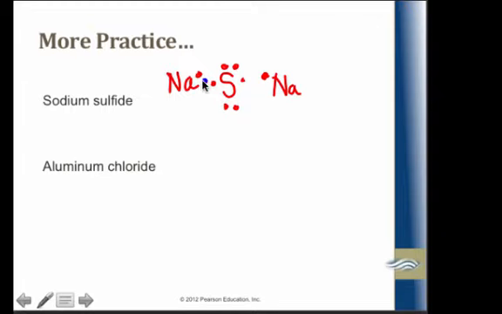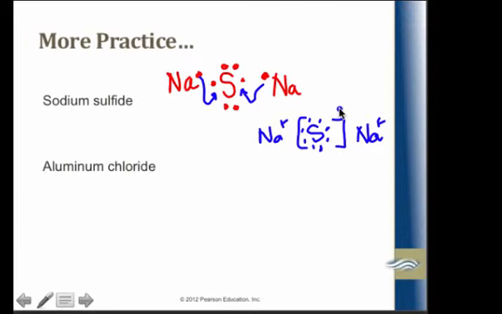And then this electron will get transferred here, leaving us with Na+, Na+, and sulfur with an octet, minus. That would be the correct way to show the Lewis structure. We use brackets when we carry charges. Alright, let's do the same for aluminum.